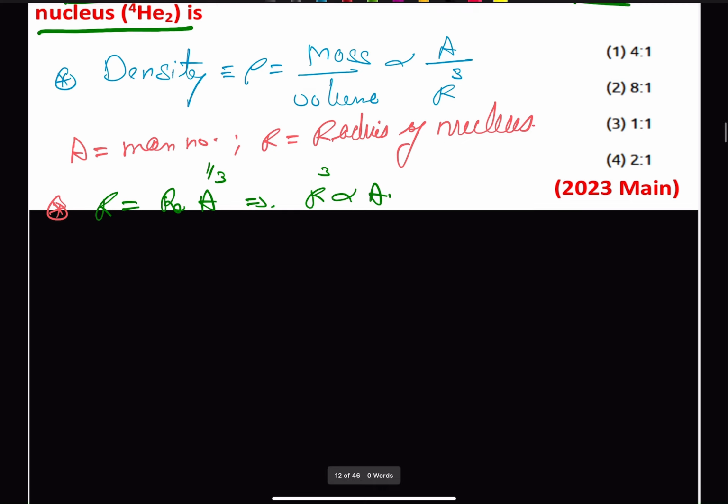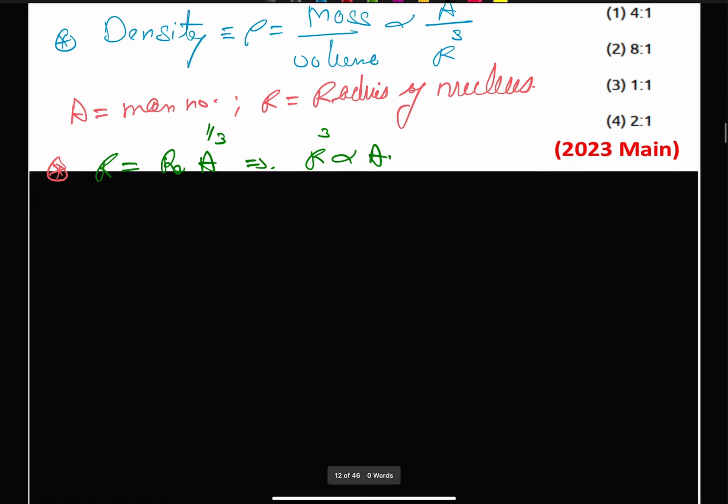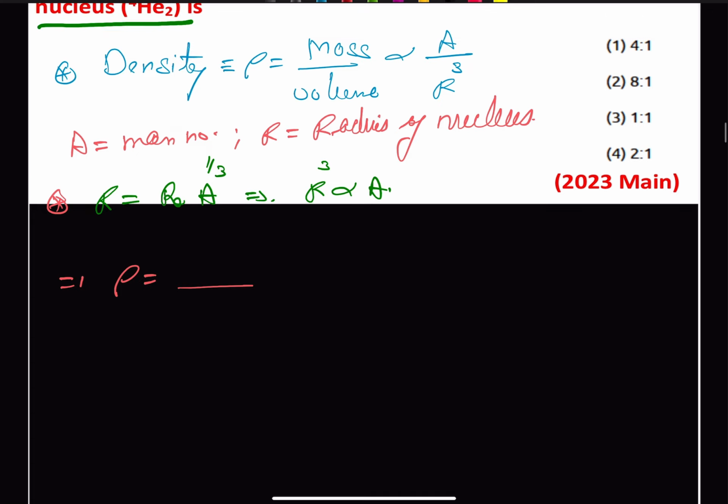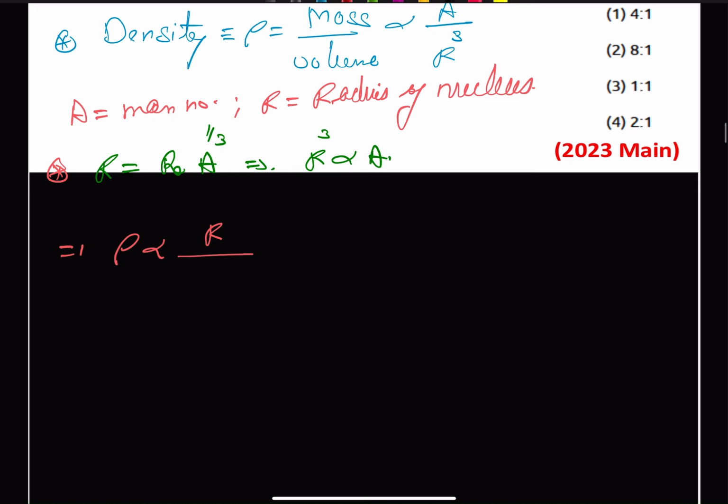So therefore we can say our density, that is our rho, is proportional to A upon R cube, and the denominator is already R cube. Therefore from here we can say that our density is constant.